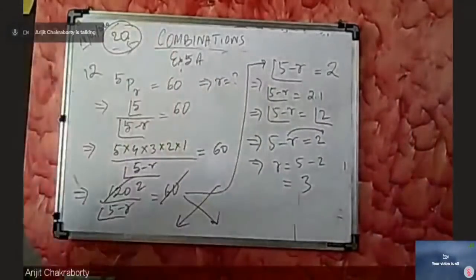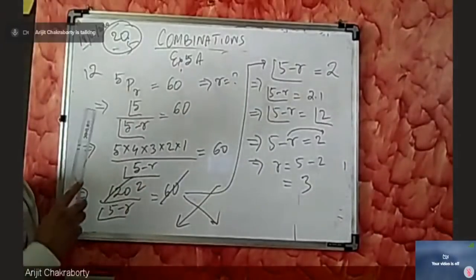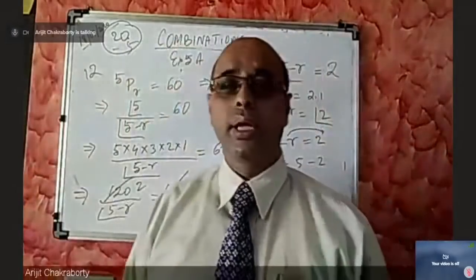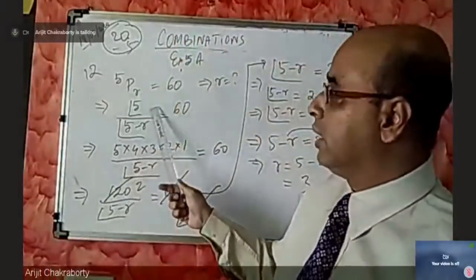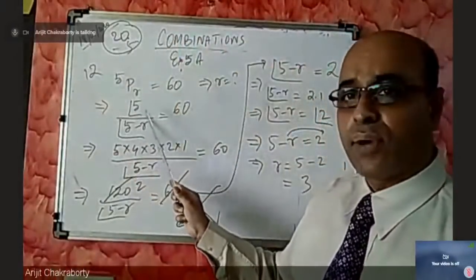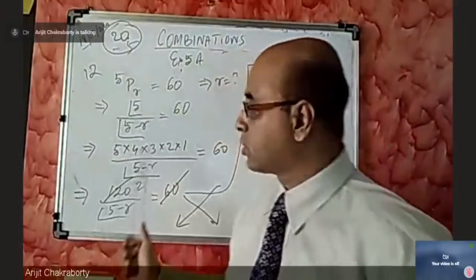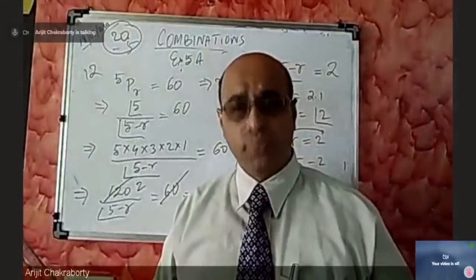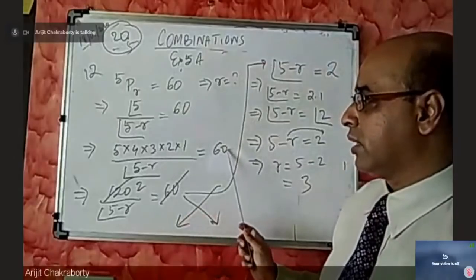Direct problem, 5PR equal to 60. So we have taken the formula of permutation, nPr equal to n factorial divided by (n minus r) factorial. We have taken n as 5 here, 5 factorial divided by (5 minus r) factorial equal to 60. We have now expanded 5 factorial, 5 into 4 into 3 into 2, we get 60 here.